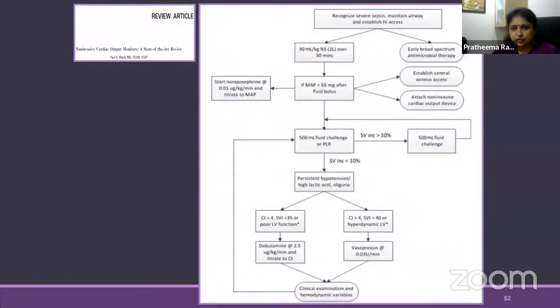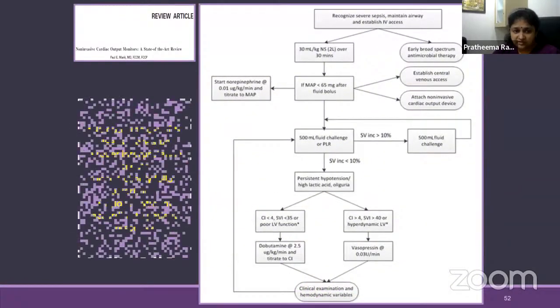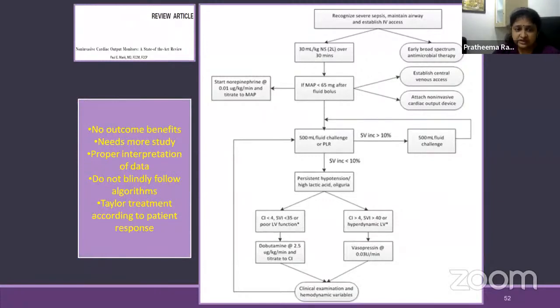So there have been a lot of protocols, flow charts, but whatever it is, it needs more study. There is not much of an outcome benefit. And even with the protocolized algorithms, we can see that the outcome benefits are not so high. And intensivists, by their personal choice, are looking at least at minimally invasive cardiac monitoring.